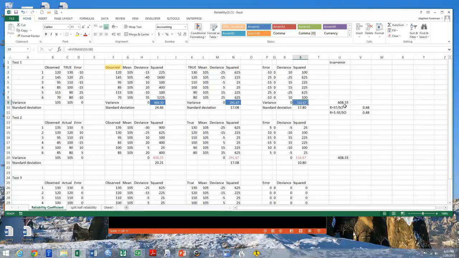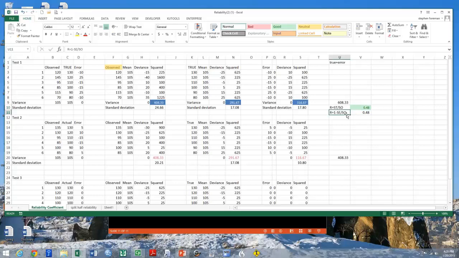Now, we said that the reliability coefficient is the variance of the true scores divided by the variance of the observed. And so in this cell, we're going to divide the true variance, 291.67, by the observed variance, and we get 0.48 for our reliability coefficient.